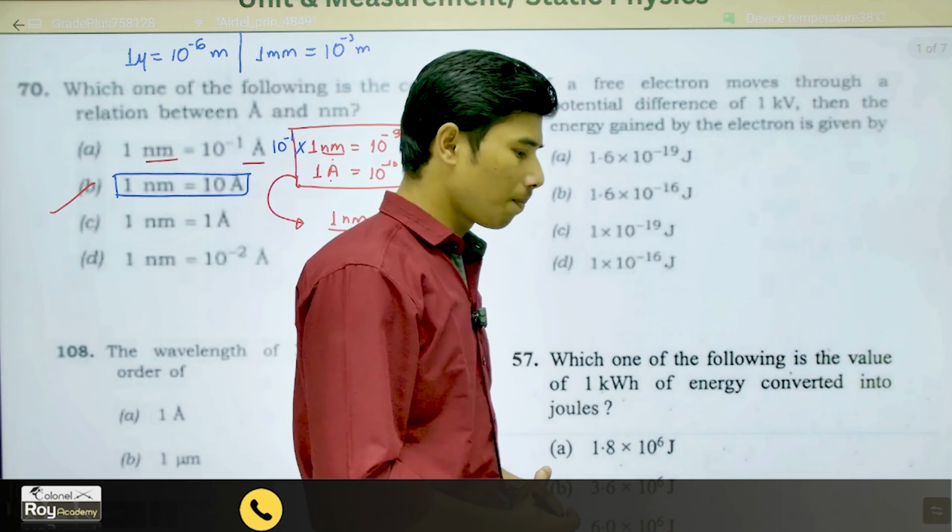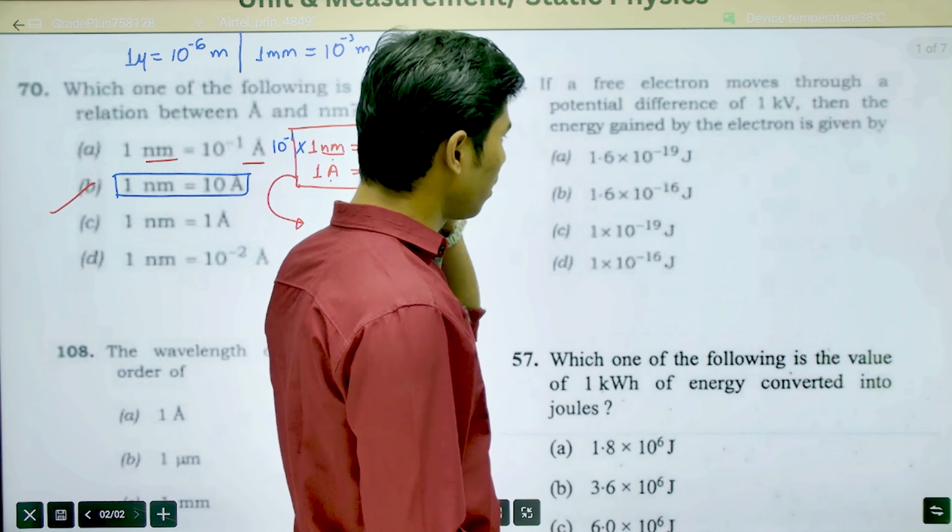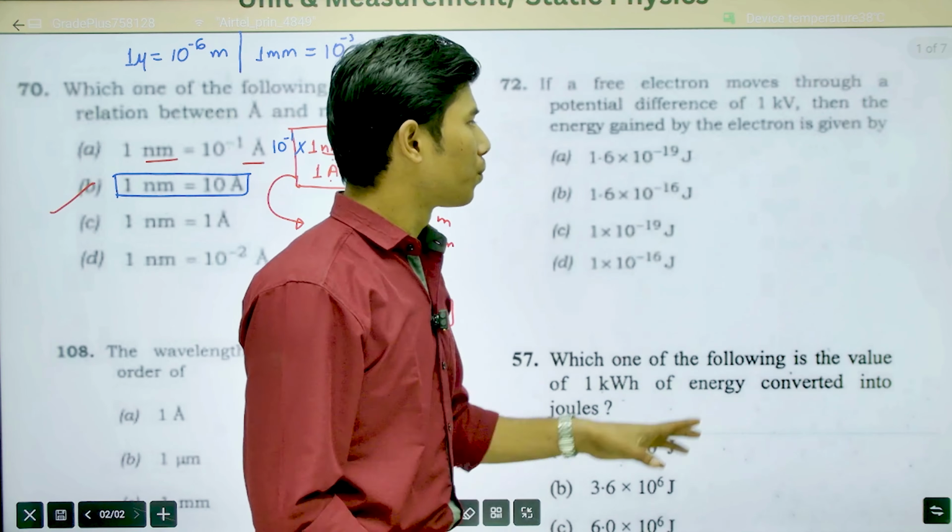Now here is the second question, again with units. If a free electron moves through a potential difference of 1 kilovolt, then the energy gained by the electron is given by? As we know, 1 electron volt is equal to 1.6 into 10 to power minus 19 joule. What is asked here is 1 kilovolt.